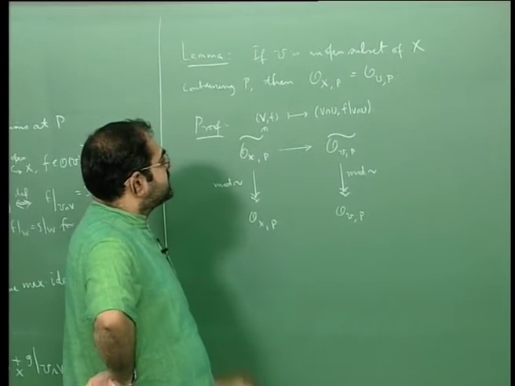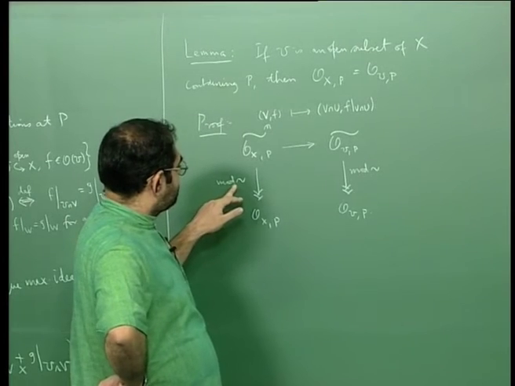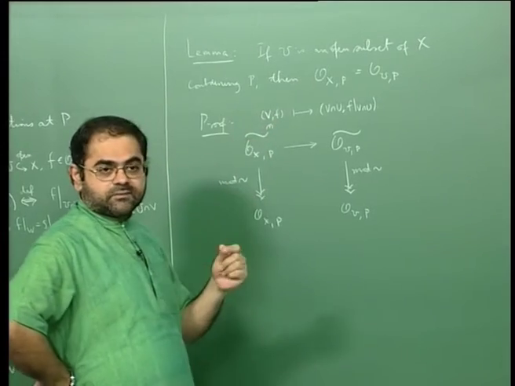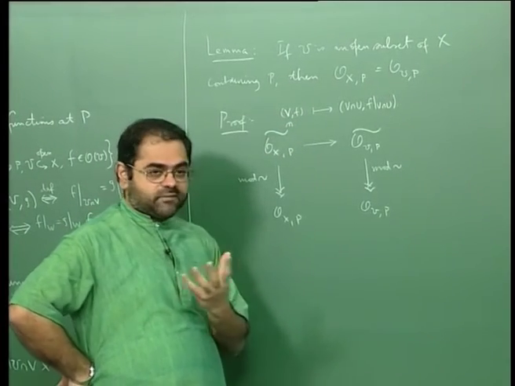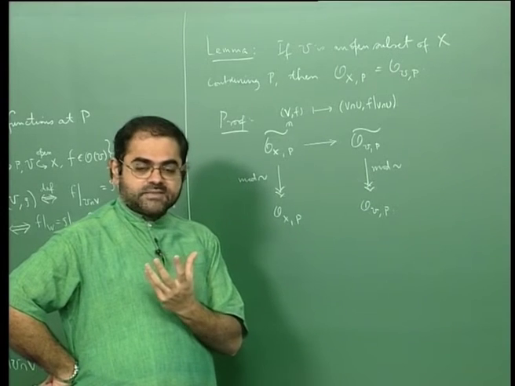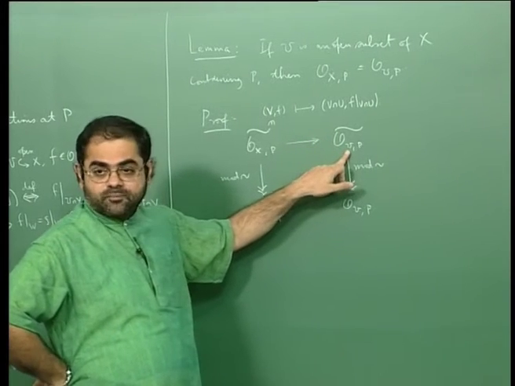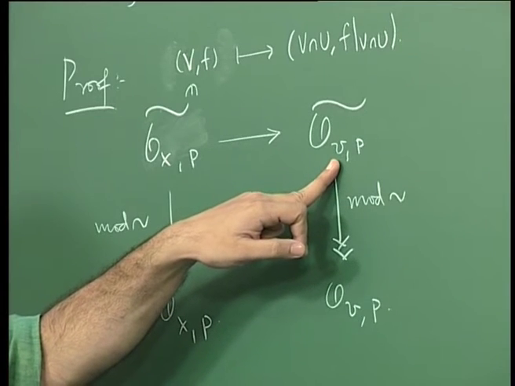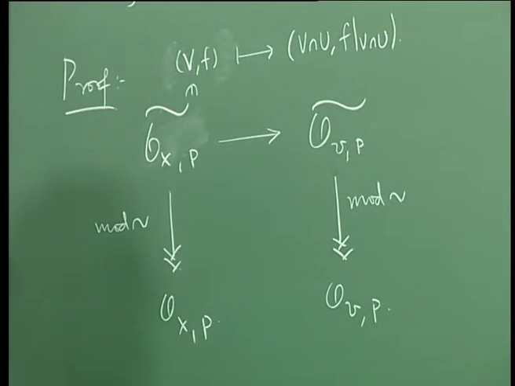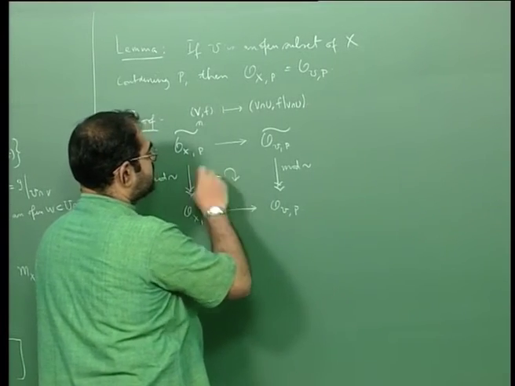And what you must understand is that this map will also respect the equivalence, namely if two regular functions in a neighbourhood of the point P coincide in a smaller neighbourhood, they will also do so when you restrict these functions to the intersection with U. So this will induce a map like this, so that this diagram commutes.